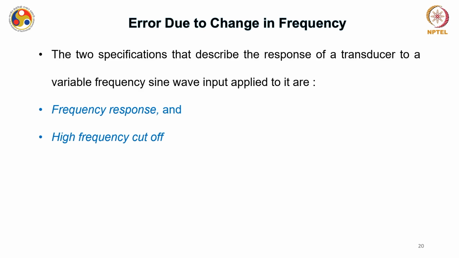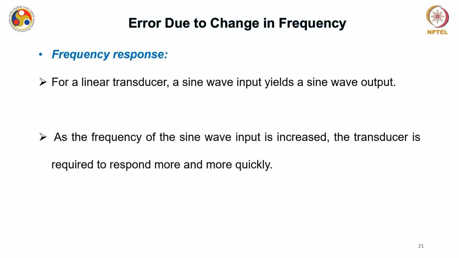Two specifications that describe the response of a transducer to a variable frequency, say a sine wave input, are the frequency response and the high frequency cutoff of the transducer.